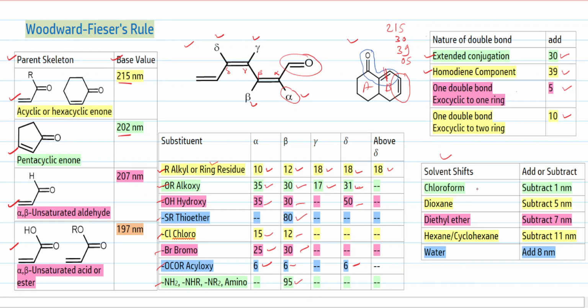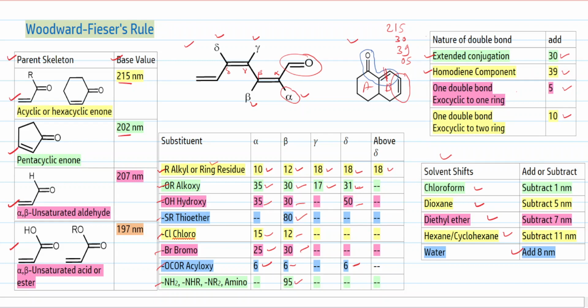When chloroform, dioxane, diethyl ether or hexane and cyclohexane is used, we have to subtract these values from the lambda max values. But in case of water, we have to add 8 nanometer to the lambda max value and we get the final wavelength of that organic compound.